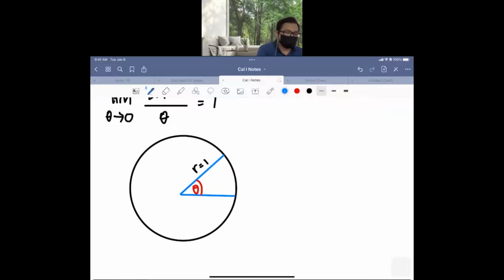And then in the sector, let's put a straight line, the height, and also another line connecting this, and it becomes a triangle.